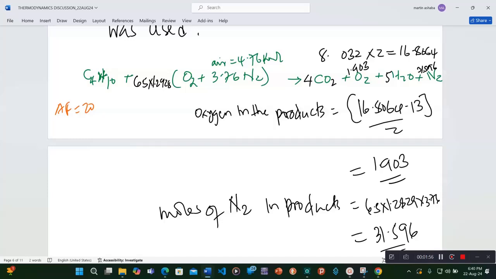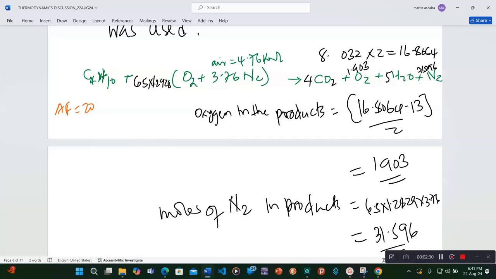So the total air amount that is going to be supplied is going to be 6.5 times 1.2928 times the 4.76. So our products include carbon dioxide, and theoretically, and actually, 4 moles of carbon dioxide are produced according to this chemical reaction when we have complete combustion of this fuel, butane.